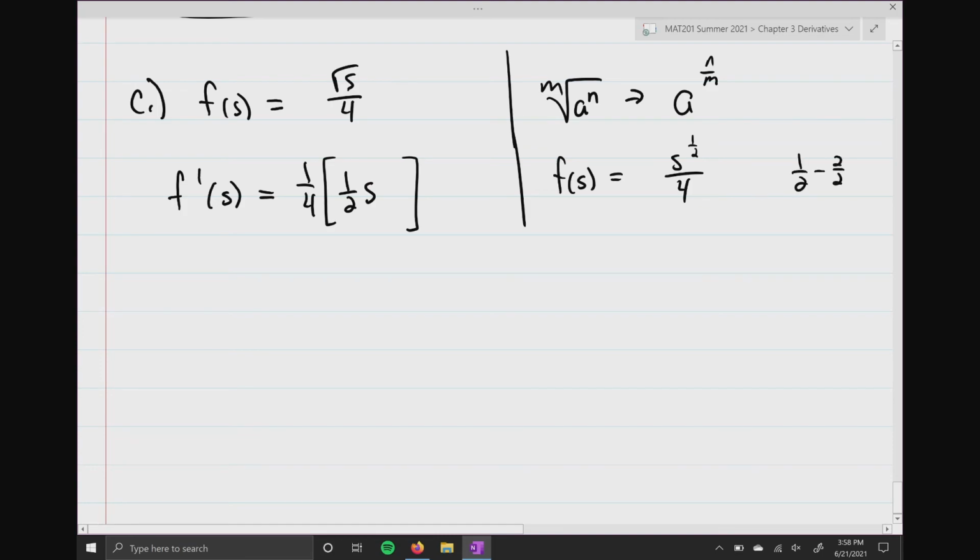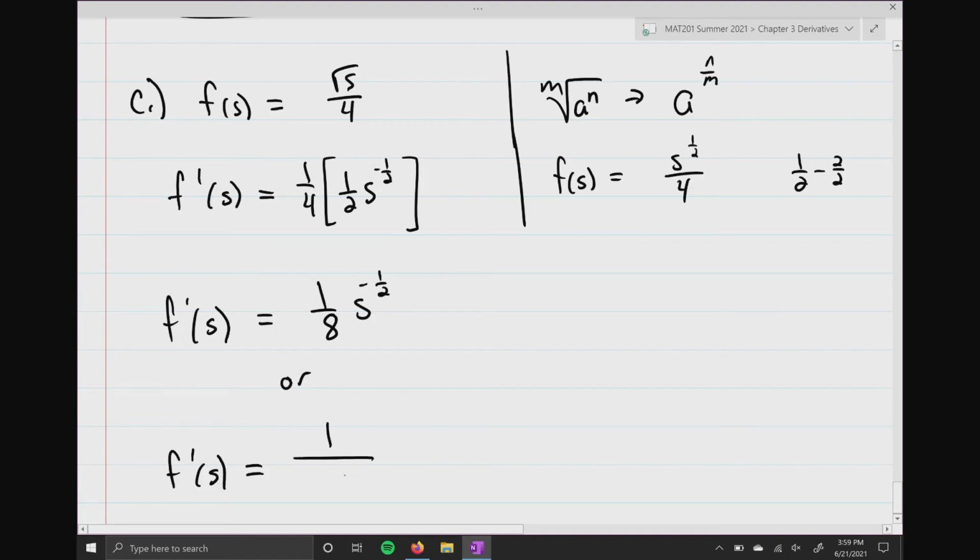I'm going to be just clever on how I write the 1, so it's going to be 2 over 2. So this is going to be s to the negative 1/2. Now when I clean this up, it's going to give me 1/8 s to the negative 1/2, or f prime of s equals 1 over 8 times the square root of s, which is in the denominator.